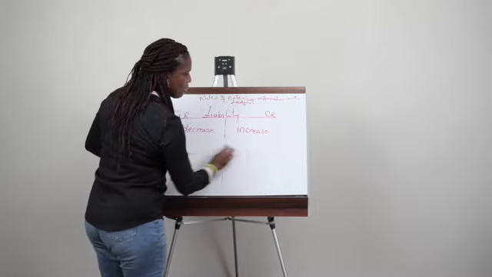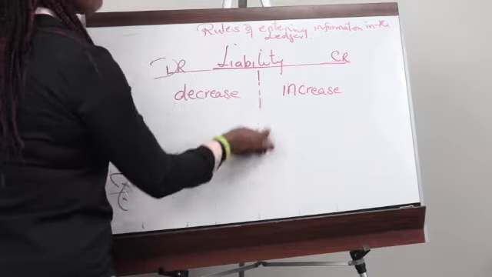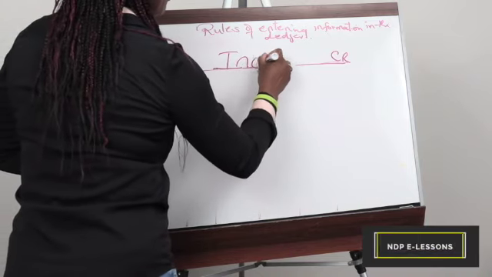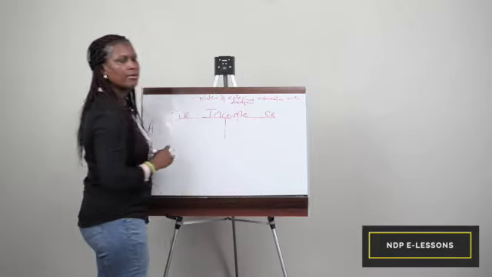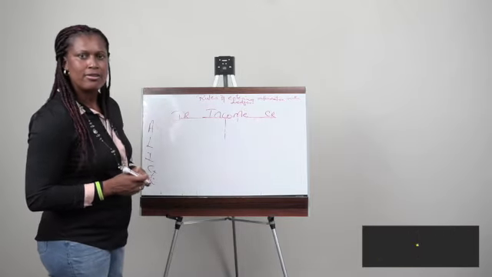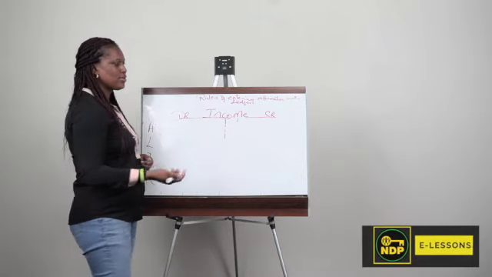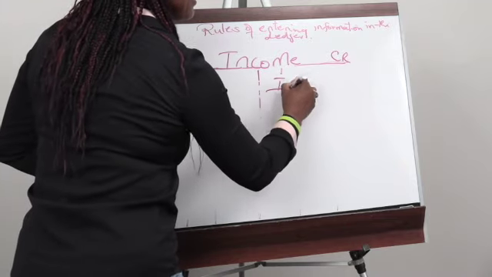Then we have our revenue or our income. So income. And any income that the business receives will increase. So therefore, you make a credit entry.